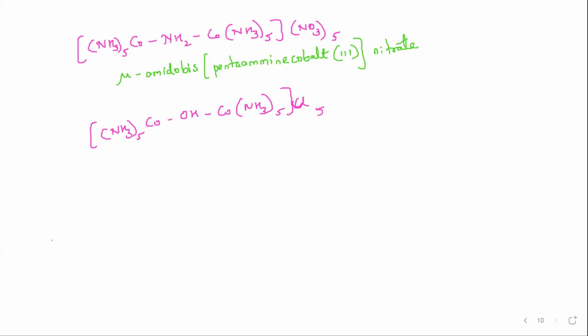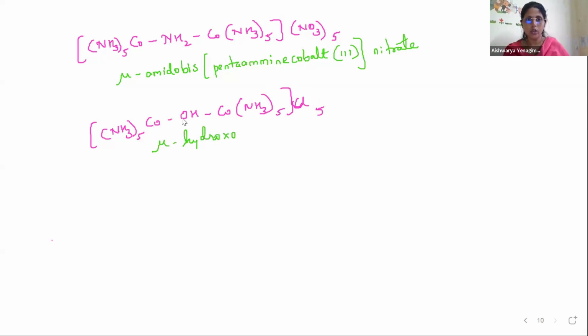Let's see how you can do it. If you have a bridging compound here, how will you do the naming? Okay, how will you do it? It starts like this. When it is a bridging compound, you will use the term mu. So, mu hydroxo, the OH group is there.